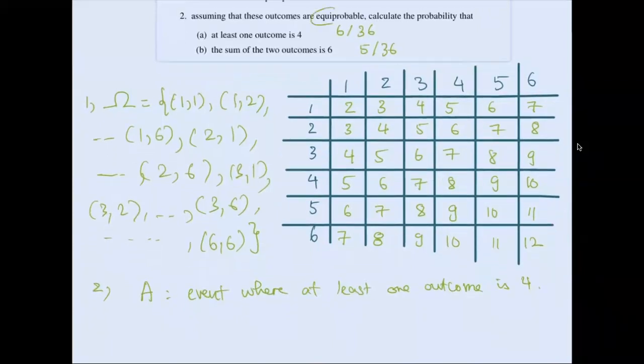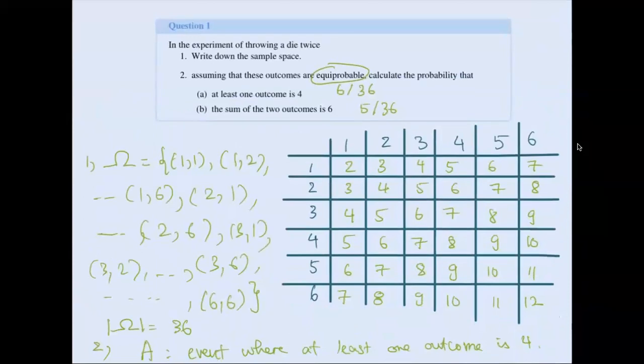We know that the outcomes are equiprobable, which means that here the sample space has 36 elements in total. So each of the outcomes, for example the outcome 1, 1 or the outcome 2, 1, everything, has the same chance of happening, which is 1 over 36.